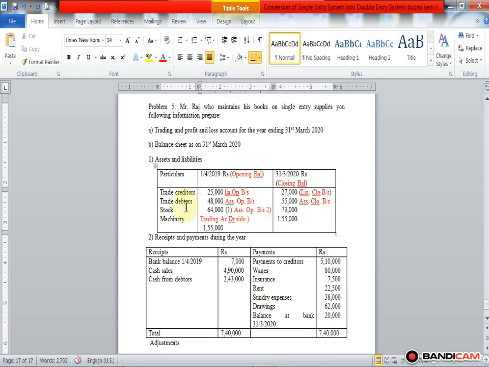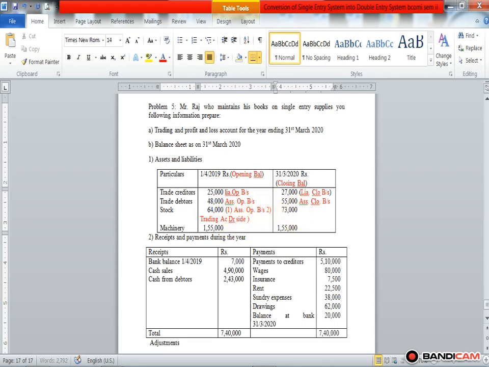Got it? Yes, sir. So stock has four effects: opening stock two effects, closing stock two effects. First effect asset side opening balance sheet, second effect trading account debit side.